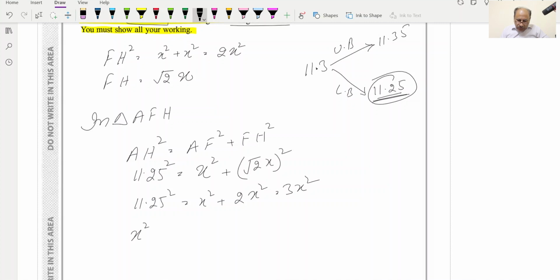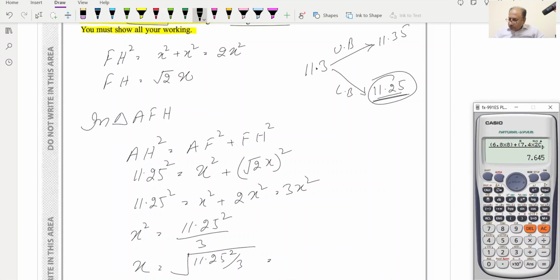So x squared is equal to 11.25 squared over 3, and x will be equal to square root of 11.25 squared over 3, and this is equal to 6.495.